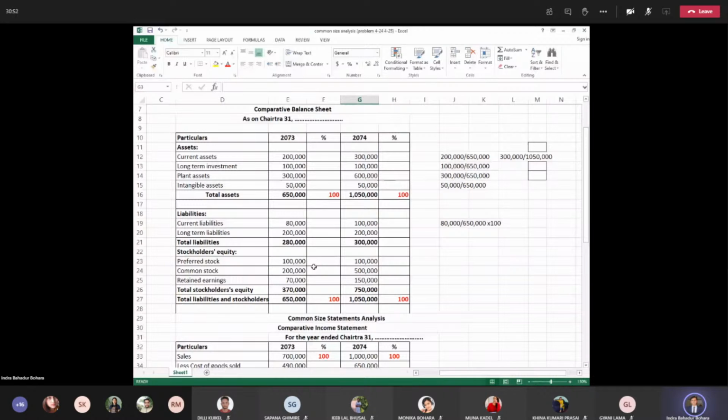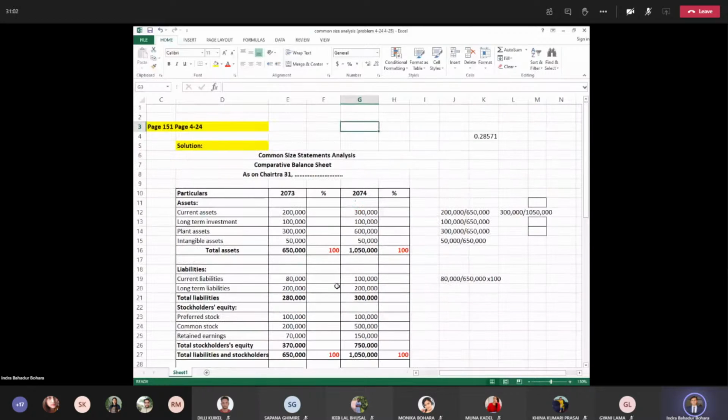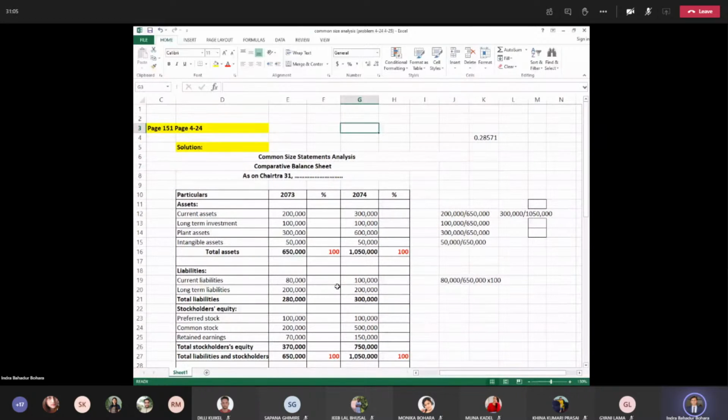Similarly, in the income statement, we assume 100% for sales of both periods. All of you first copy this, then we calculate the percentage of each component. So first copy the question.